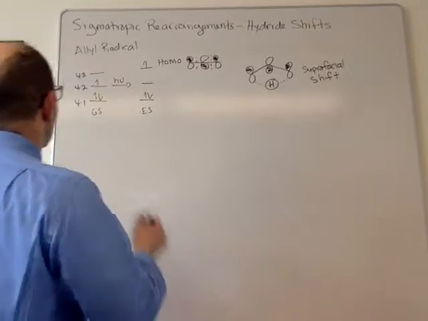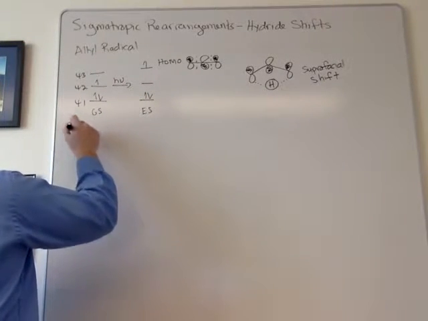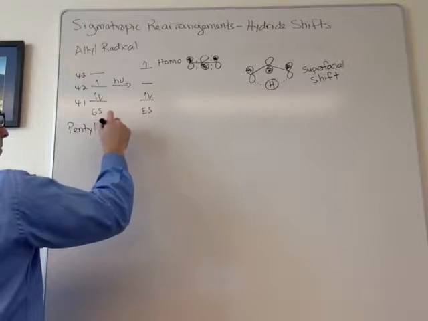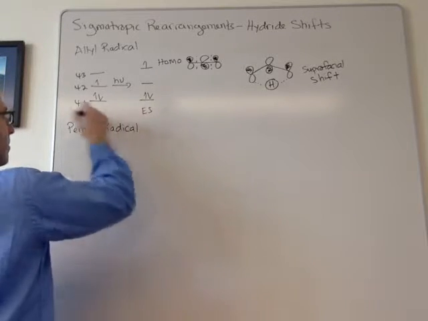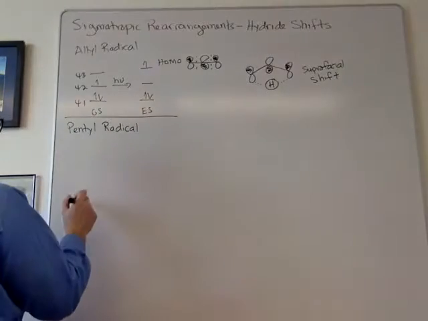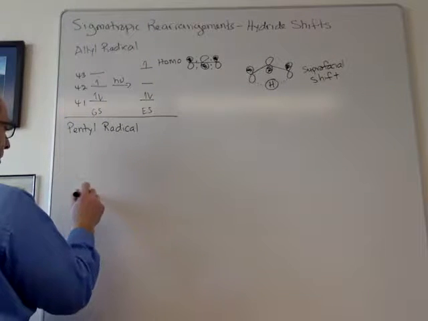So now let's look at the pentadienyl radical. So for the pentadienyl radical, we're going to have 5 molecular orbitals.